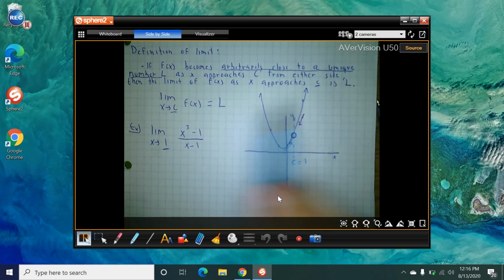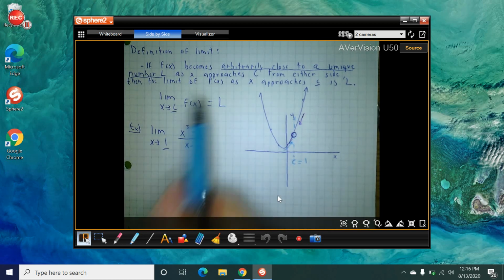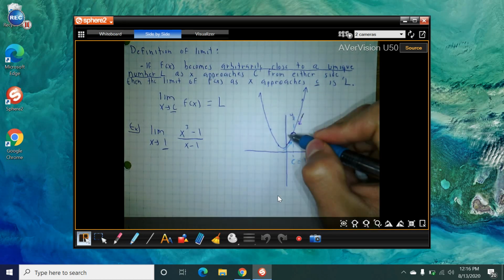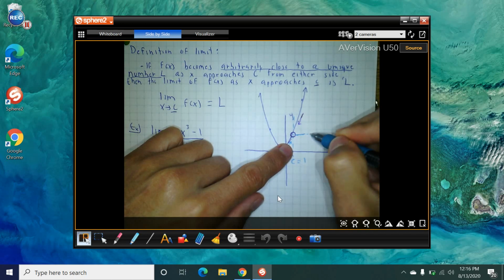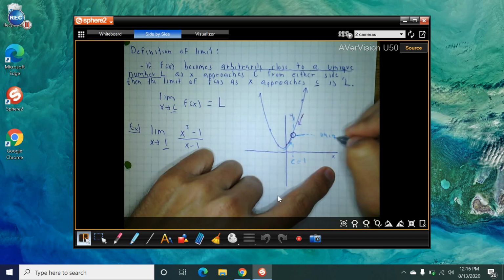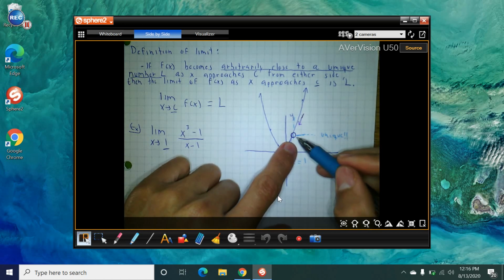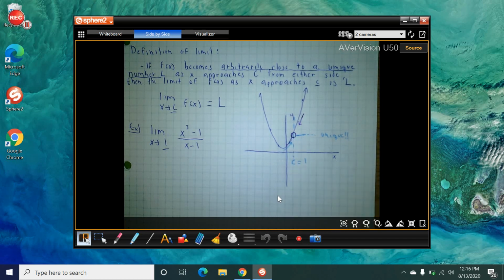So as you're approaching from either side, if you get arbitrarily close to a unique value, so in this case, this value right here that you're approaching has to be unique. Now, why is it unique? It's because you both are arriving at the exact same location. So the question is, what is this value here, right?